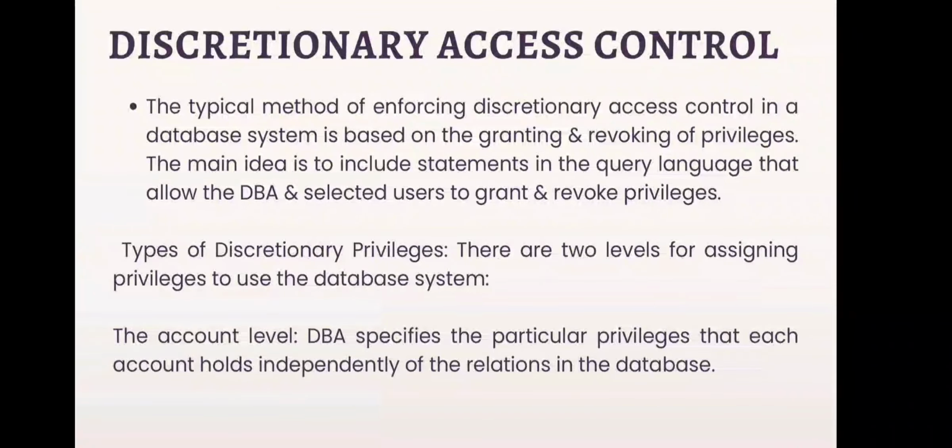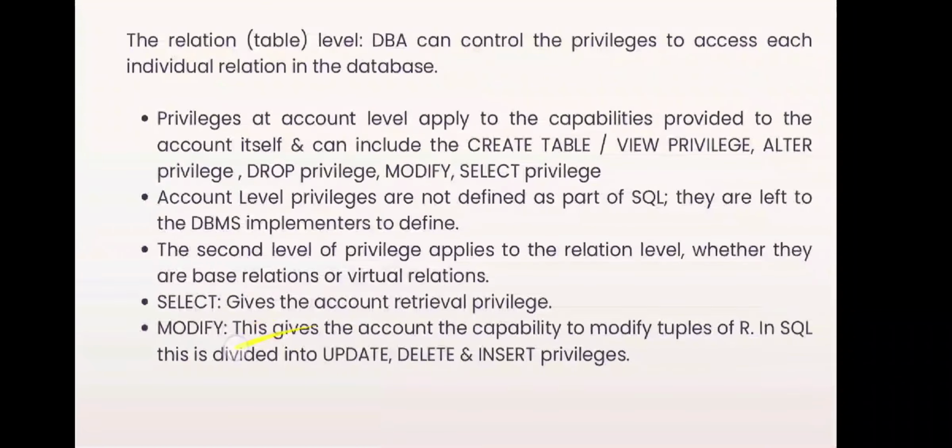For example, in social media, if I am handling Instagram, I will have the password of Instagram. If person B is handling Facebook, he will have the password of Facebook. If person C is handling LinkedIn, he will have the password and ID of LinkedIn. So in the account level, the access differs.